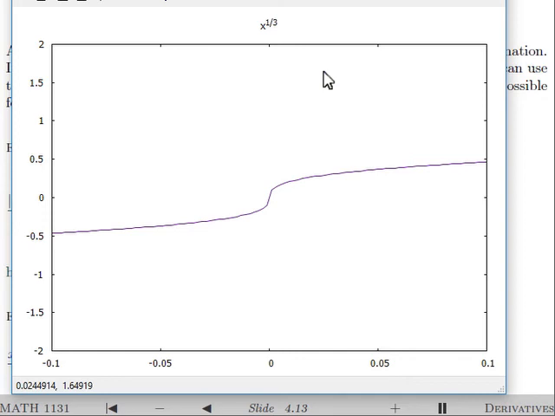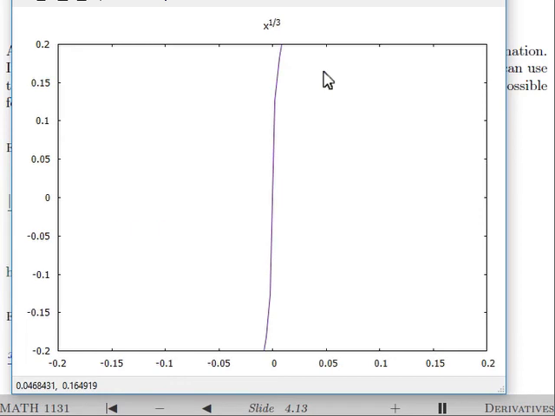But note that the curve doesn't look as flat as before. If I zoom in by another factor of 10, so 100 altogether, the graph looks almost vertical. Because of limitations of the graphing program, I cannot zoom in any further and have a nice looking graph. This is basically what it means to have infinite derivative, so to speak. As you zoom in, the graph looks more and more vertical.